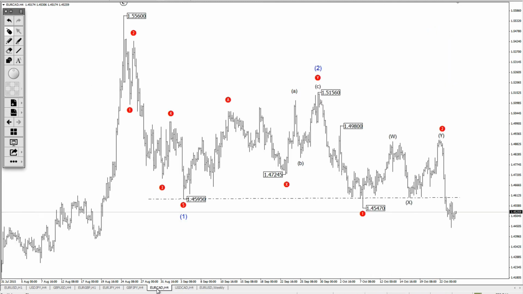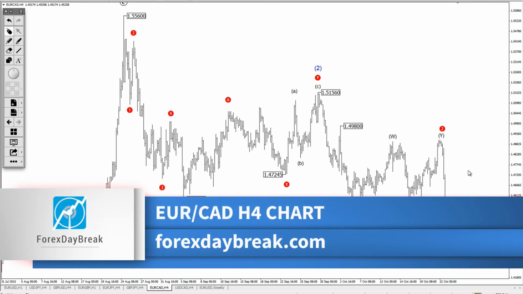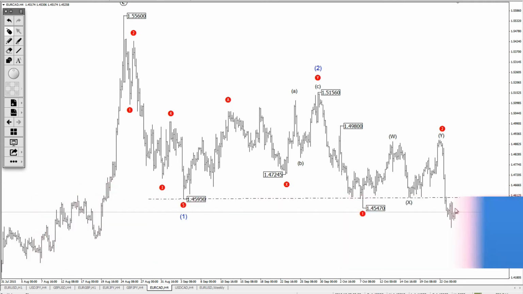All right, let's see euro Canadian dollar. Even though the structure here is not so clear, I'm going to use the same strategy in euro Canadian dollar as in euro pound and euro USD.